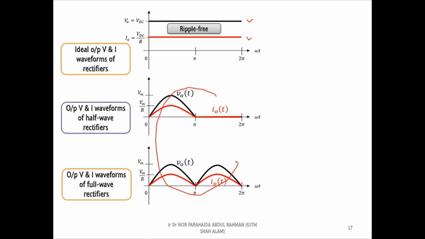Based on Fourier series, the AC components are called harmonic components. Usually, when we want to design a filter, we can use the information related to the harmonic components. Other than that, the ratio between the harmonic and the DC components represents the ripple factor of the waveforms.